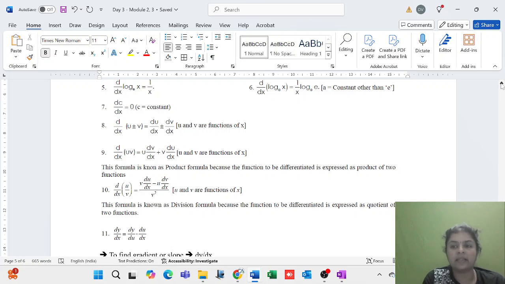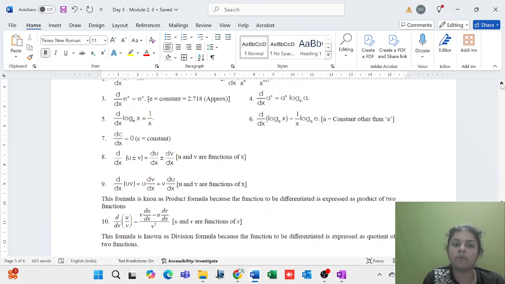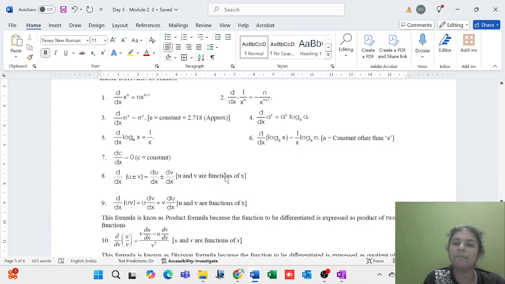Friends, in this chapter, what is more important is for you to understand the basic rules of differentiation, like x to the power n, then 1 by x power n, then the differentiation of a constant, then the uv rule and the u by v rule. These are the basic rules. The rest is more towards practice only, but in the examination, questions on these rules are more frequent, especially when we are learning about cost and revenue functions.